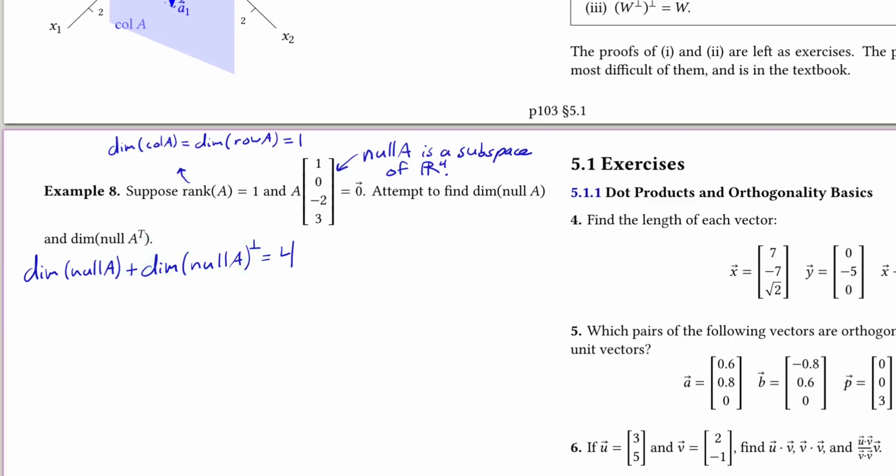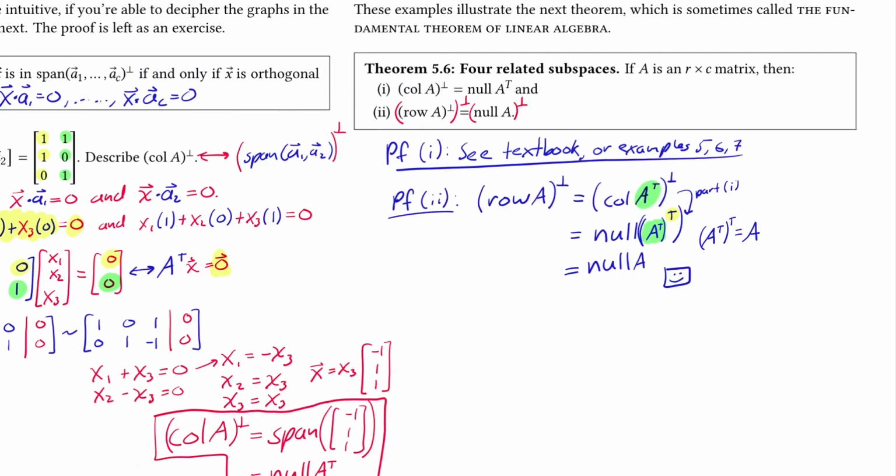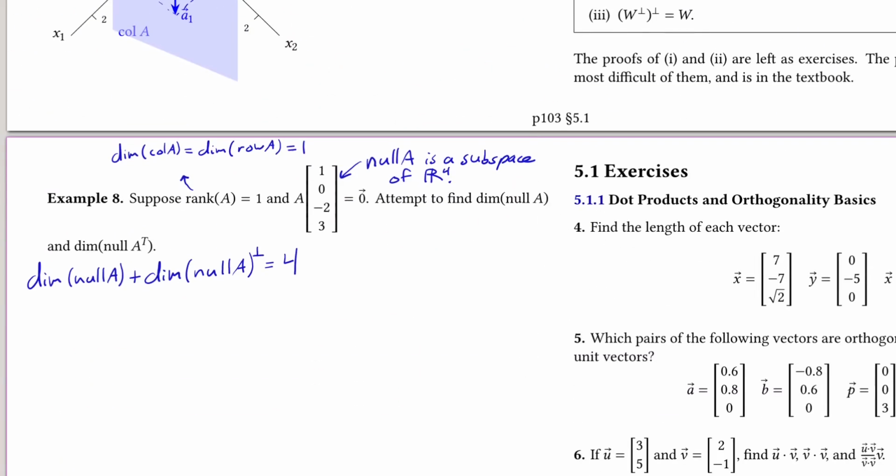Well, let's look at the four related subspaces theorem. This says that the null space is the same thing as the row space of A's orthogonal complement. So maybe we can write that over here on the side. So yeah, the null space is the row space of A's orthogonal complement, but I want to have the orthogonal complement of the null space.